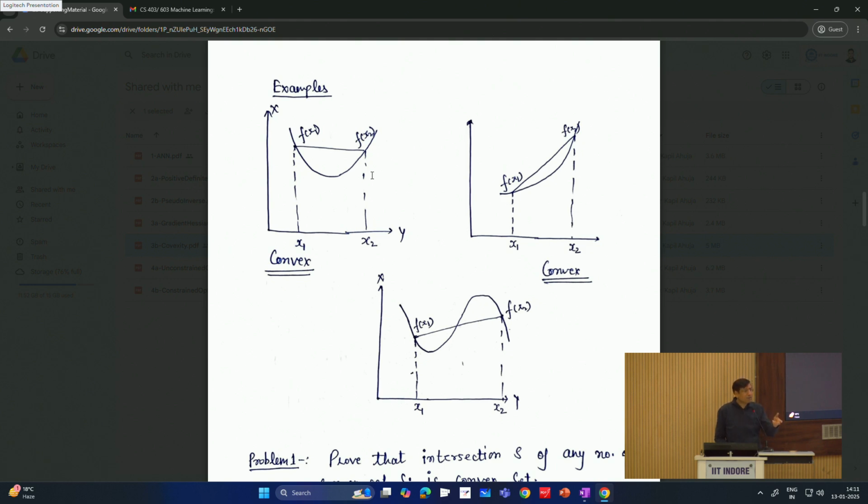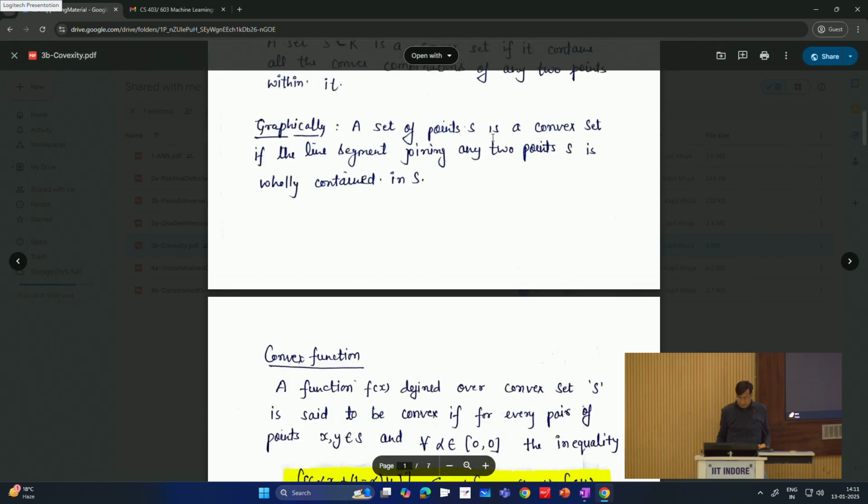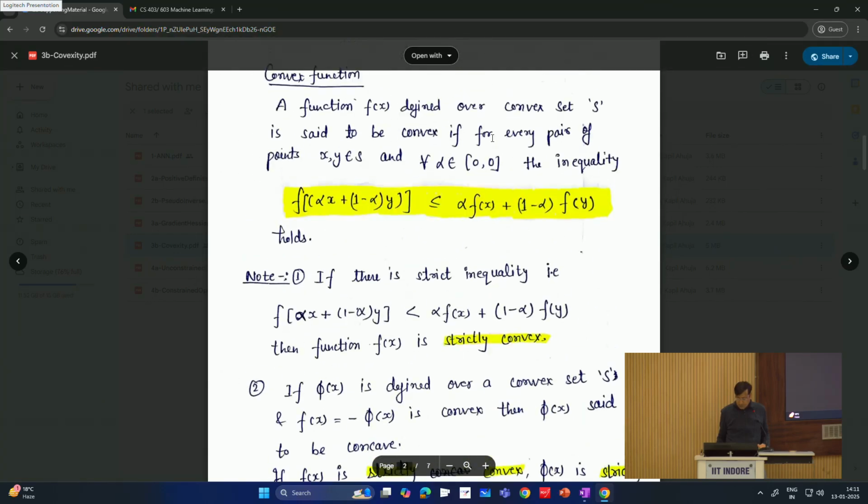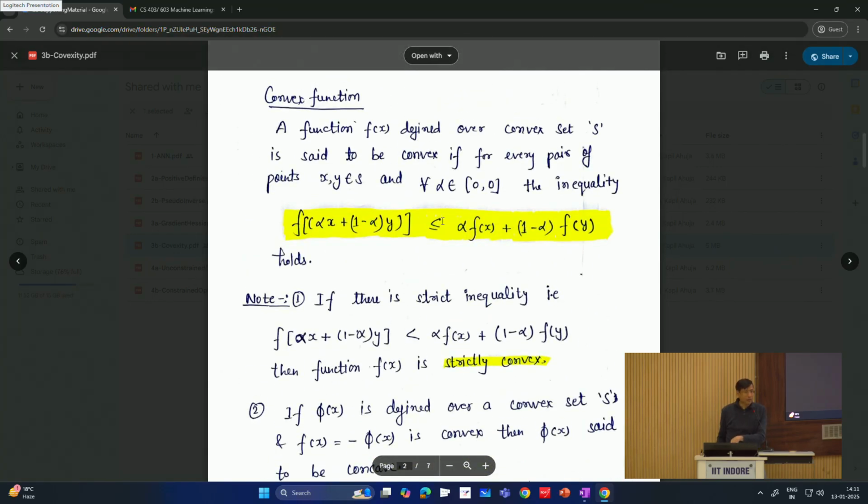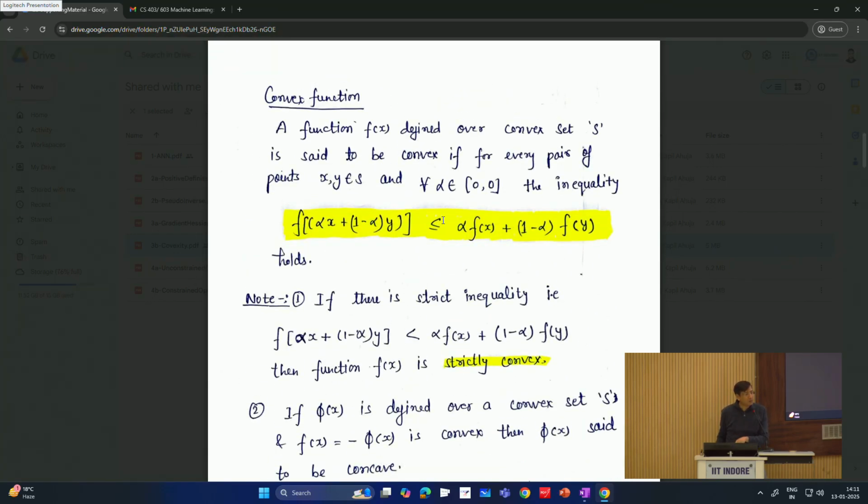So there is a slight difference between convex and strictly convex. When you say convex, it could be the line or any surface below it. When you say strictly convex, it has to be below it. So if there is no equal to sign here, it will be a strictly convex function.